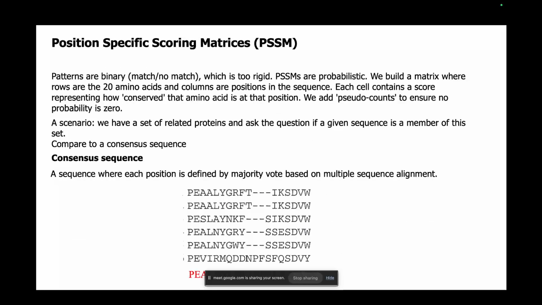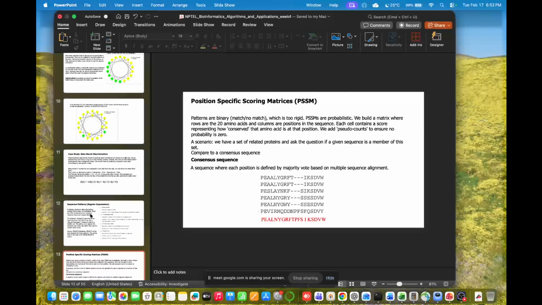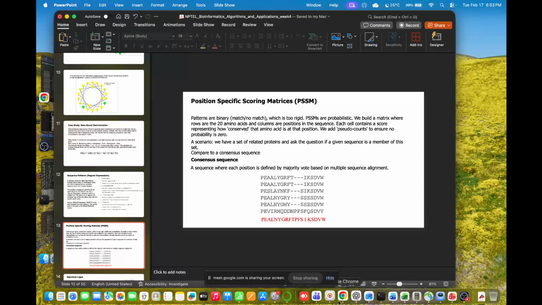Now I'll come to this topic of protein position-specific scoring matrices, which are PSSMs. These are very important in terms of multiple sequence alignment and the different models that you make. Even to a certain extent, the scoring matrices that we use for sequence alignment are somewhat based on a similar idea.